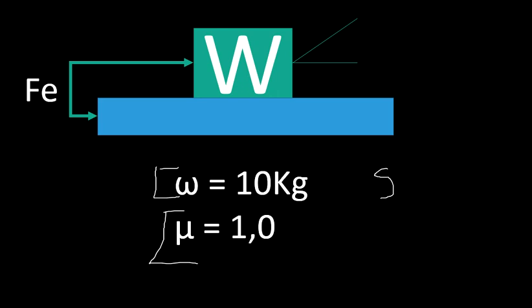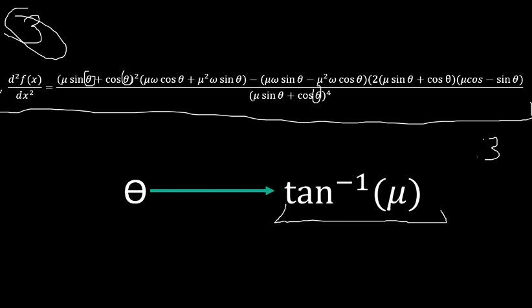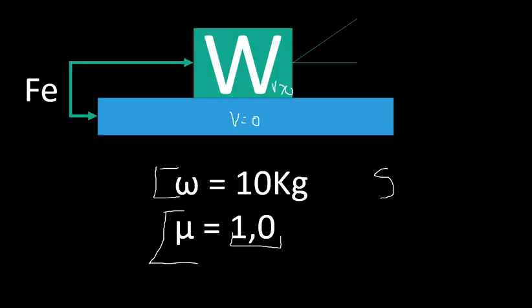This means this has a velocity of 0, this has velocity more than 0. Okay, and mu equals 1, well, because it's going to really simplify this equation.